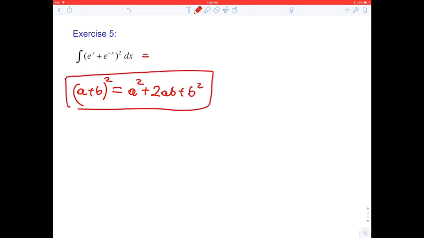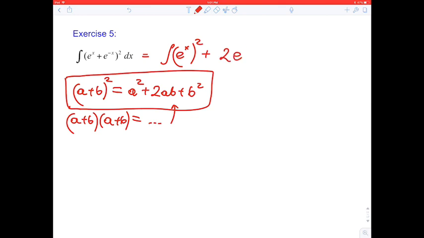Or you can FOIL; it is the same as a plus b times another a plus b. Let's expand: e to the x squared plus 2 times e to the x times e to the negative x, plus e to the negative x squared, everything dx.